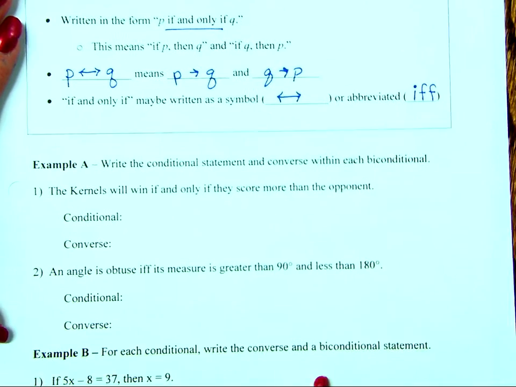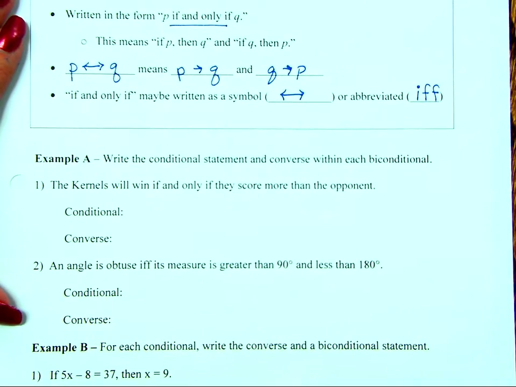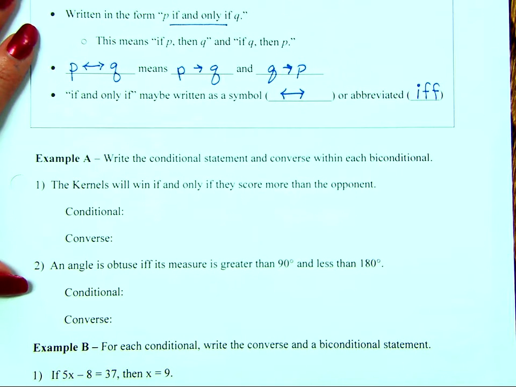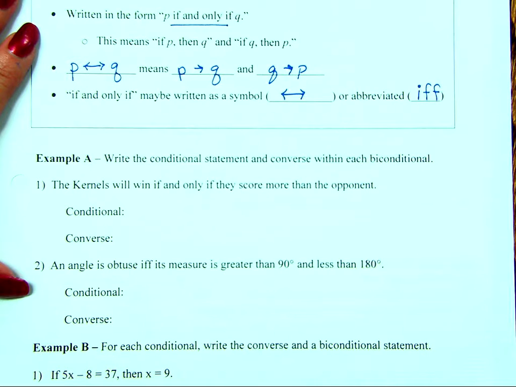In example A, we are given a biconditional statement, and they ask us to dissect it. They ask us to come up with a conditional and then the converse. So number 1 says the Colonels will win if and only if they score more than the opponent. If I'm looking for the conditional, I'm looking for the if-then statement.